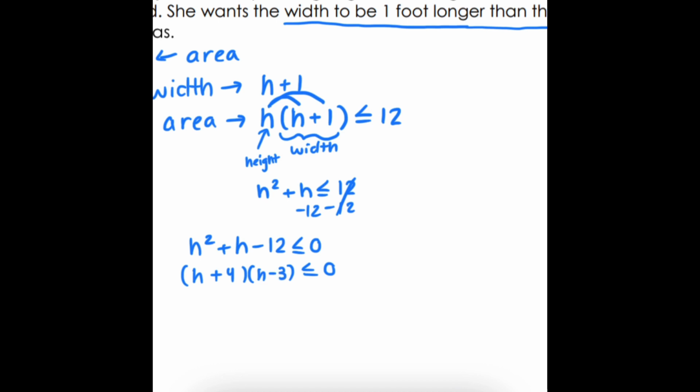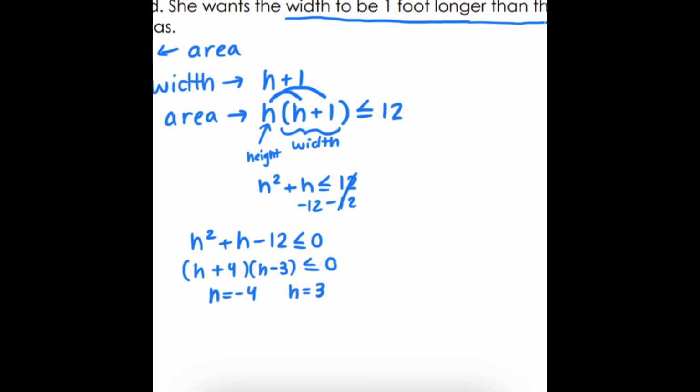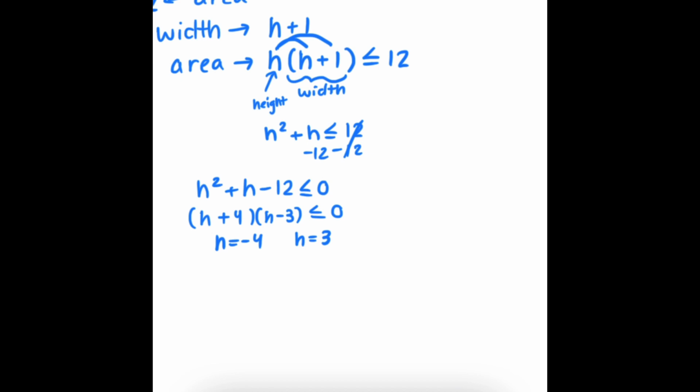Just like that. So then from here, we're going to go ahead and get our testing values for the interval by setting each of these equal to 0. I'm going to make my number line. And now I'm going to test values into here.